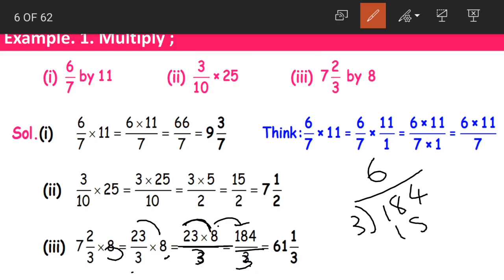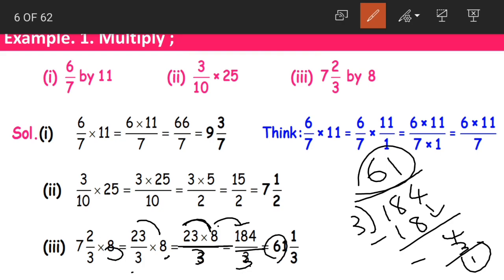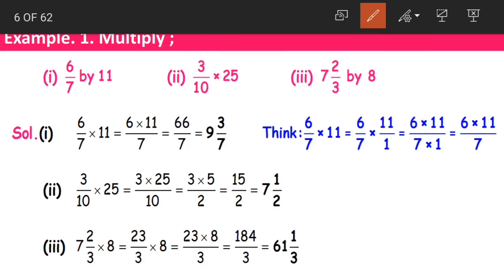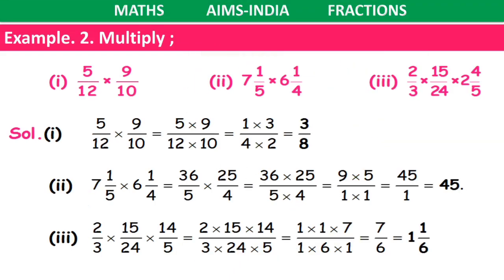We know that 3 6s are 18, 4 carried and 3 1s are 3. 1 will be our remainder. So 61, the quotient becomes the whole number, 3, the denominator remains as it is, and 1, the remainder becomes our numerator. Clear students? Again a few more examples to solve.